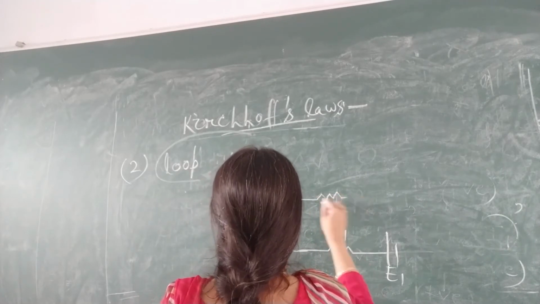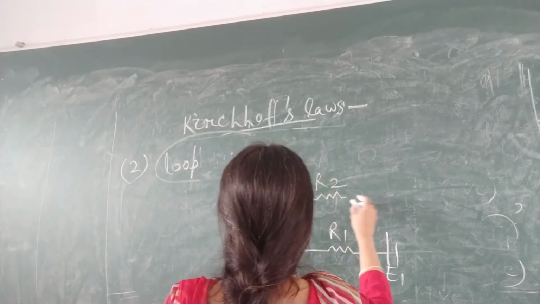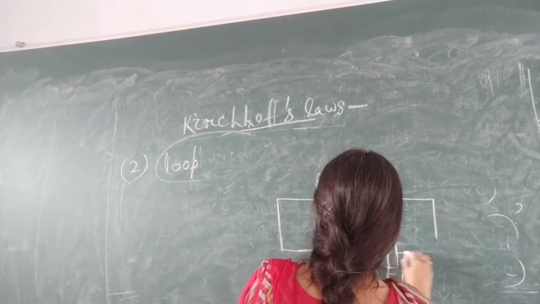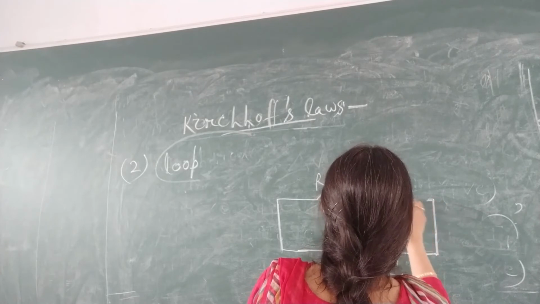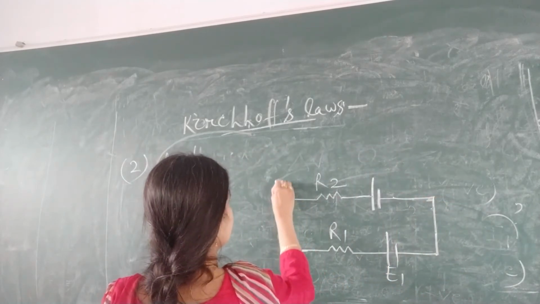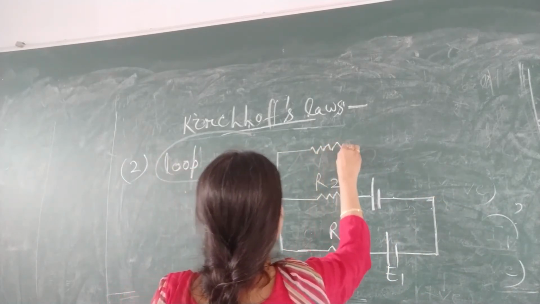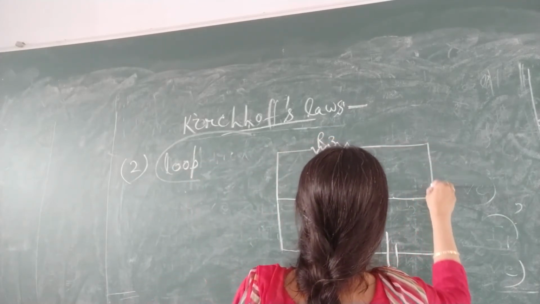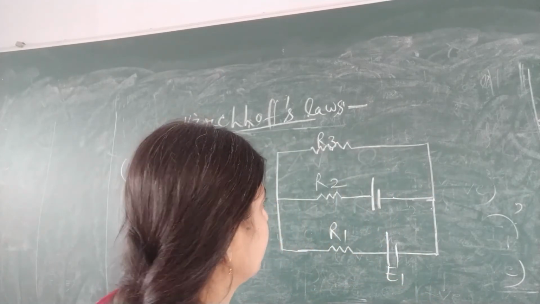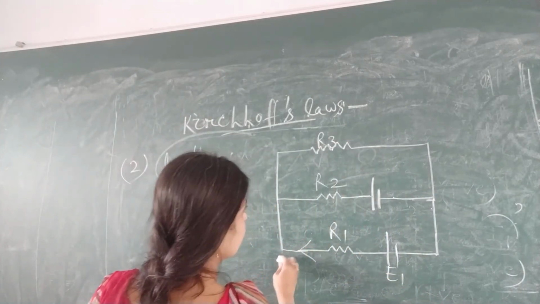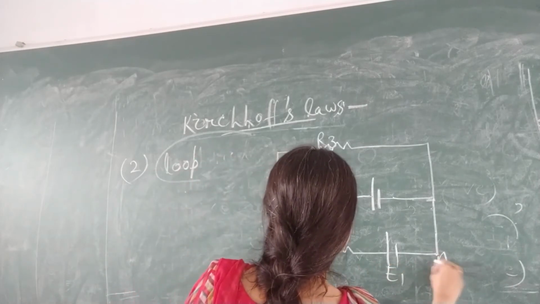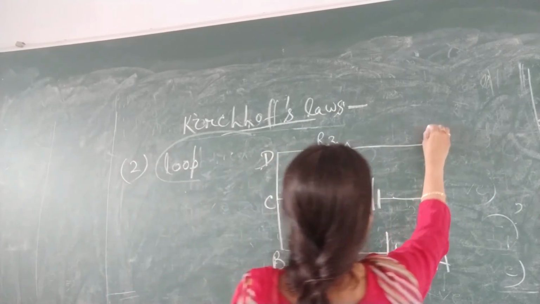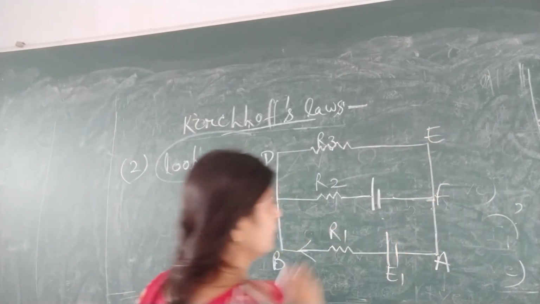This is your second resistor R2. And this is R3. Clear? A, B, C, D, E and F.